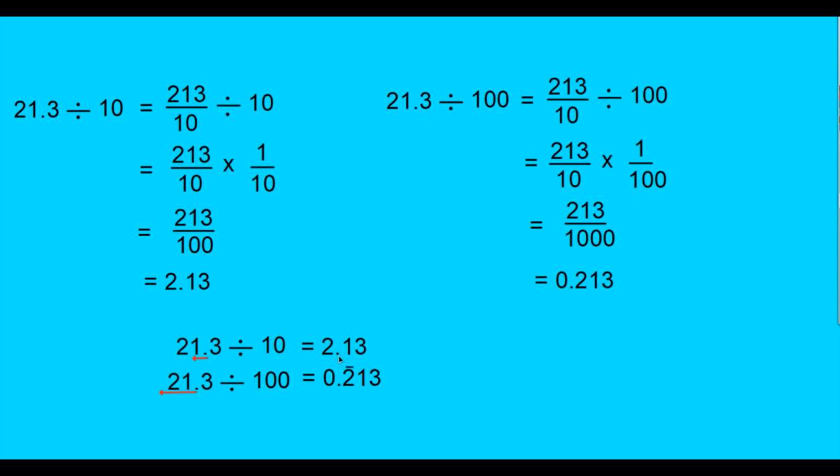Now look at the number of zeros. If you are dividing by a number with one zero, one division backward, and here two zeros are there, so we move two divisions backward. So according to the number of zeros, you can move that many digits backward from the decimal point.